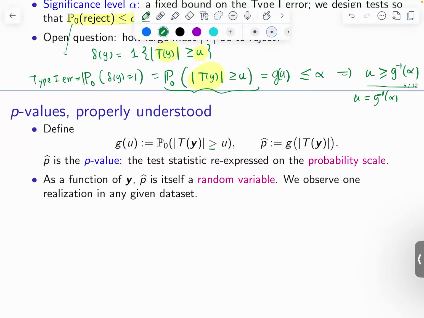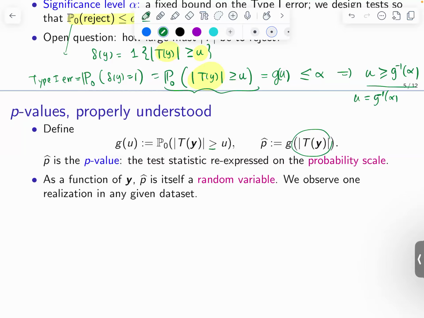The interesting thing is that I can apply it to the actual observed statistic, the absolute value of t bar, instead of computing the threshold. So I evaluate this function at that observed value, and this I'm going to call the p-value.